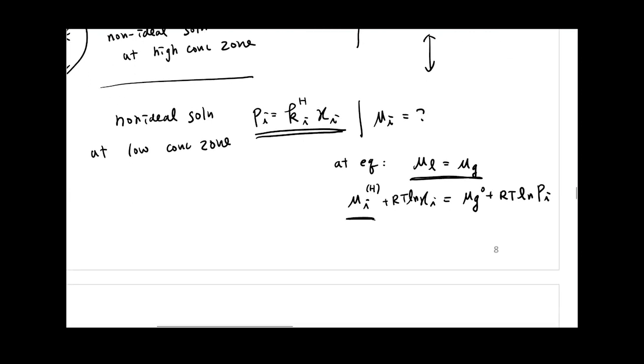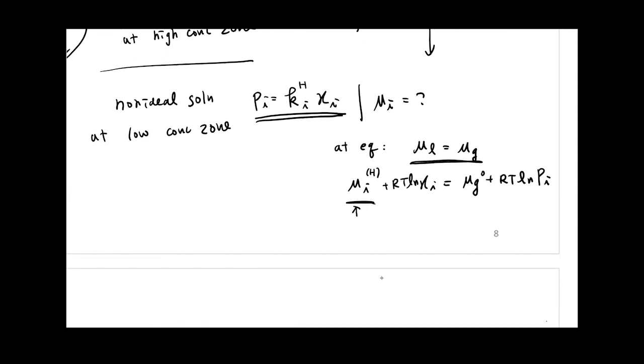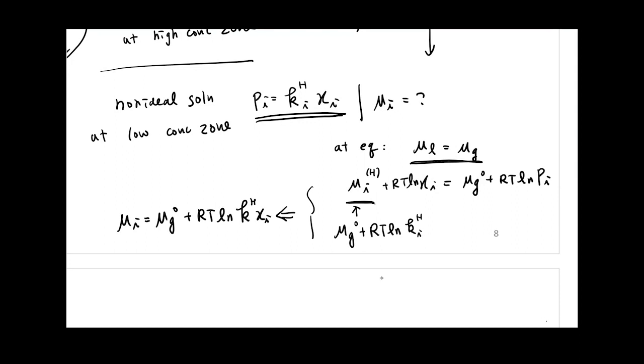Your mu_i^H can be written as your mu_g naught plus RT natural log K_iH. By combining all these things, you can rewrite your mu_i as equal to mu_g naught plus RT natural log K_H x_i. So this will be the final chemical potential that you can use to describe the non-ideal solution at diluted case.